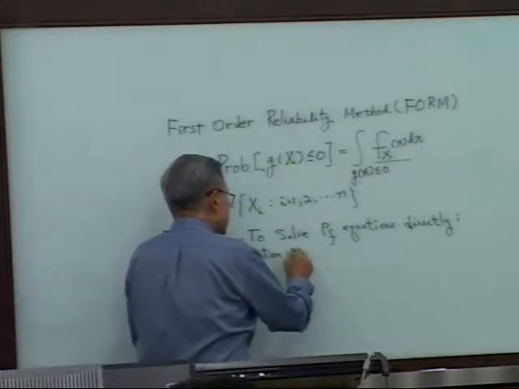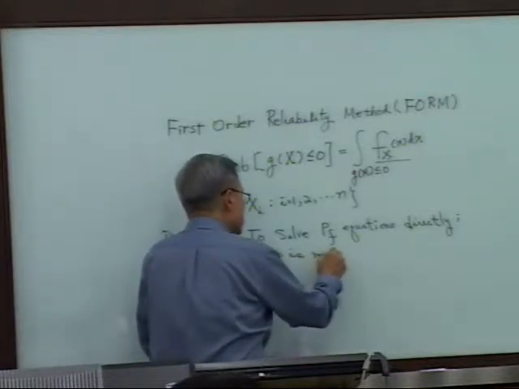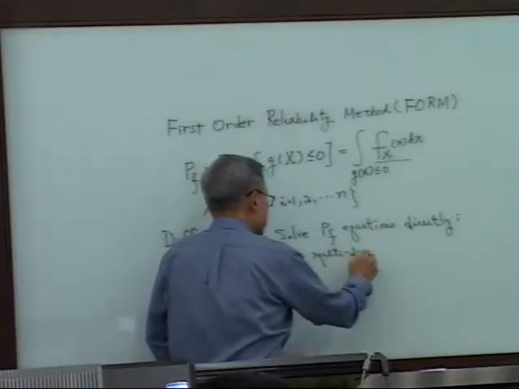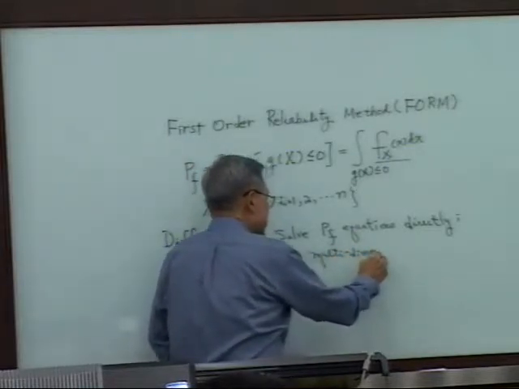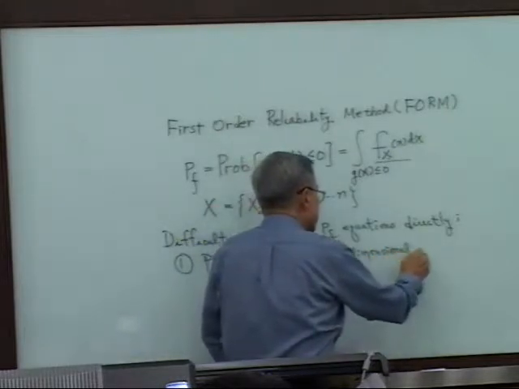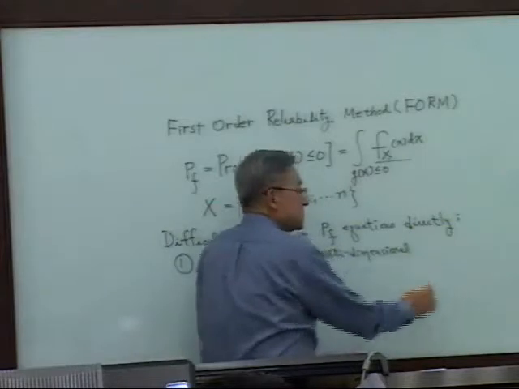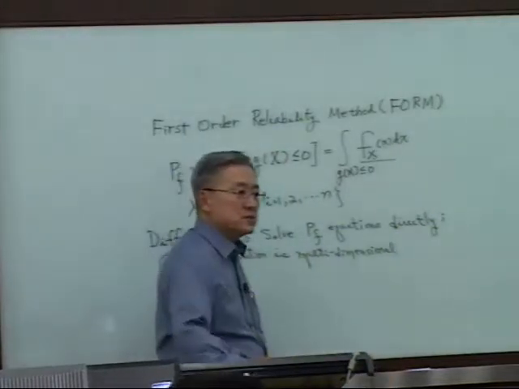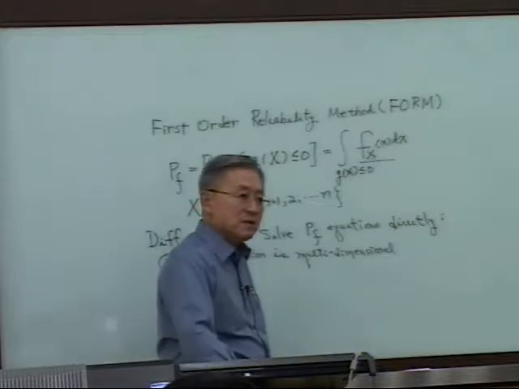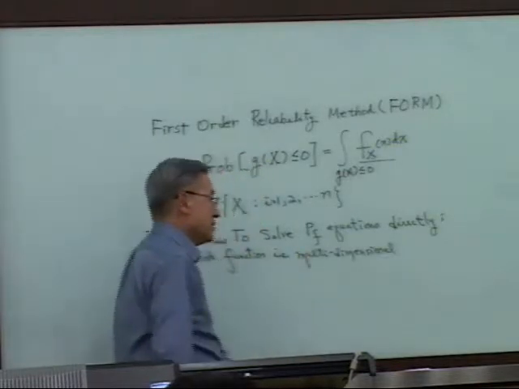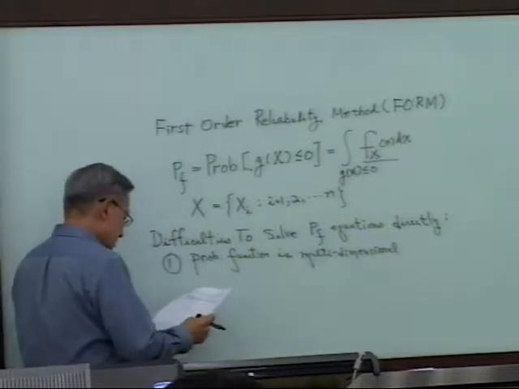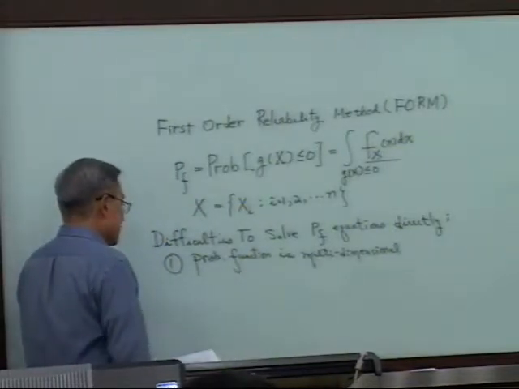First would be that the probability function is a multi-dimensional problem. This is a problem. If it is one or two-dimensional, you can handle it beautifully. We have done that all by introducing different probability models and all that.